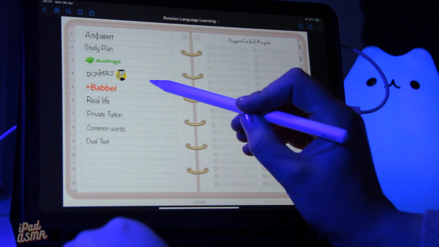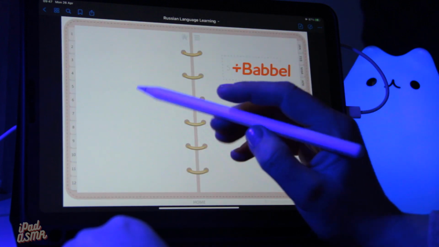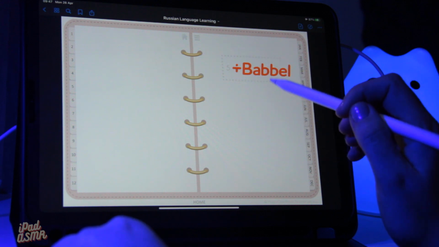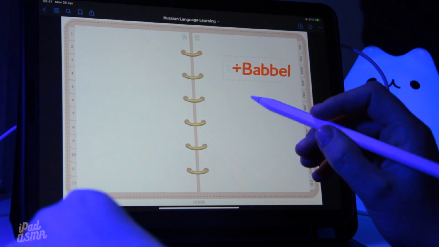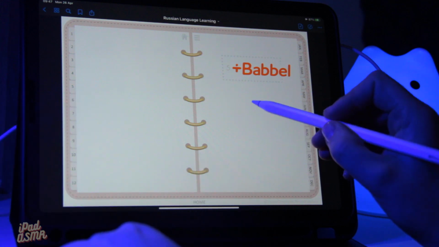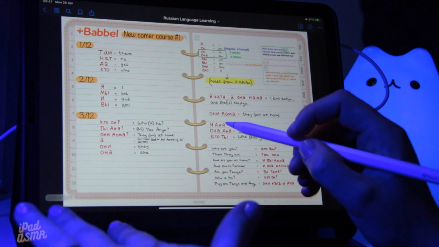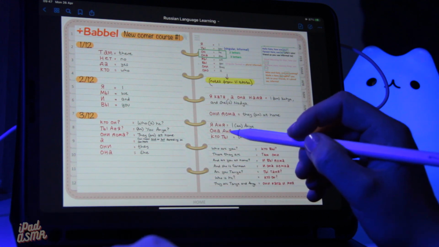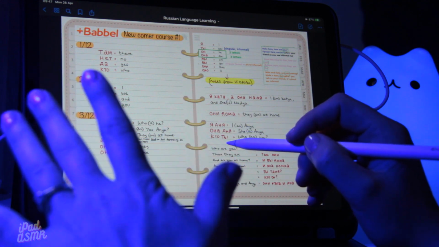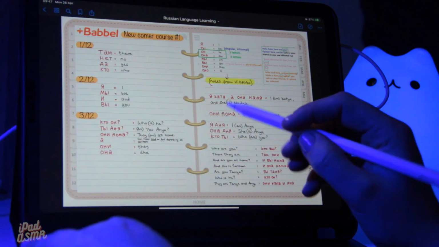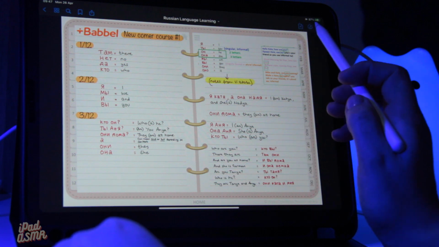But today we are moving on to Babbel. Now Babbel is a language learning app which I found to be really useful for my understanding of Russian, because it breaks it down into bite-sized chunks for you to learn.